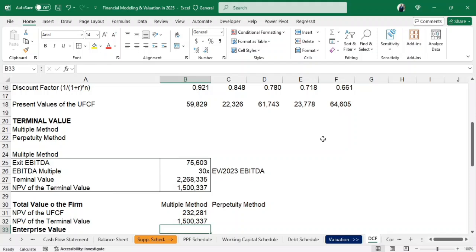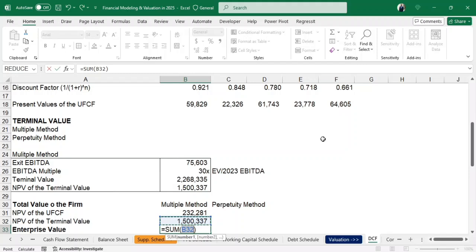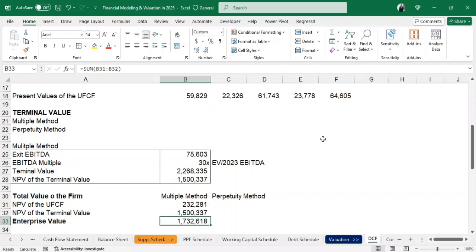And then I can sum this together. So Alt equals to sum all of that and hit enter. So that is the total or the enterprise value of Amazon per the assumptions we have made in building our financial models. All right, so I can bold that as well.